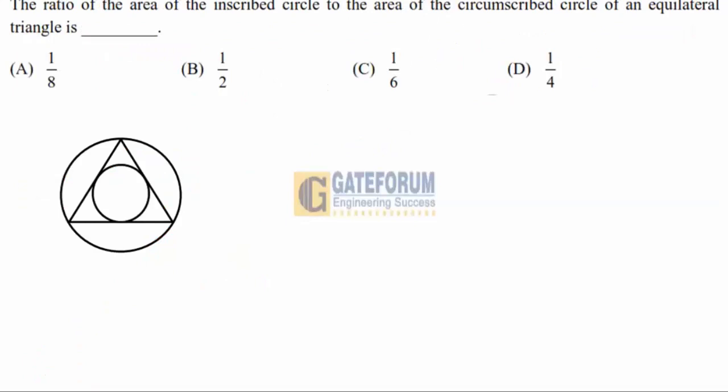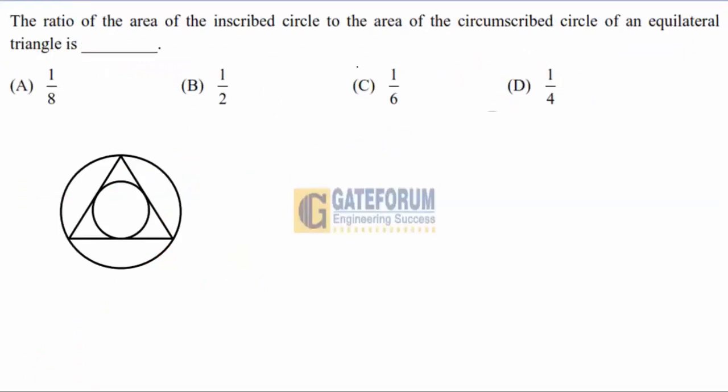The ratio of the area of the inscribed circle, means inside, to the area of the circumscribed circle, which means outside, of an equilateral triangle is how much? Now I presume all of us understand that if there is an equilateral triangle and I draw the perpendicular from the vertex, so this acts also as the median of the triangle.